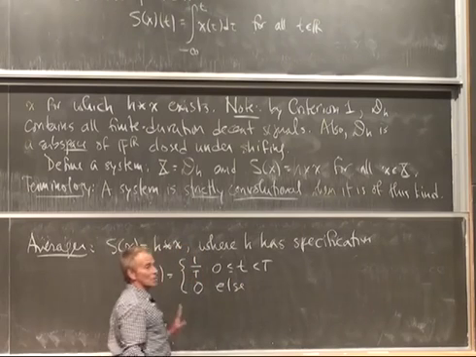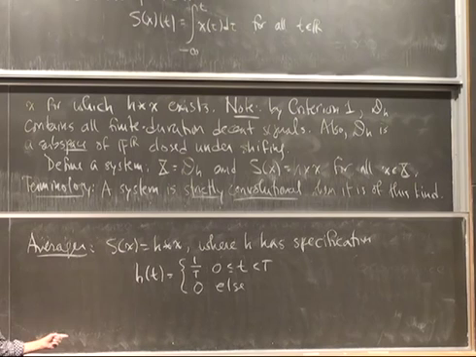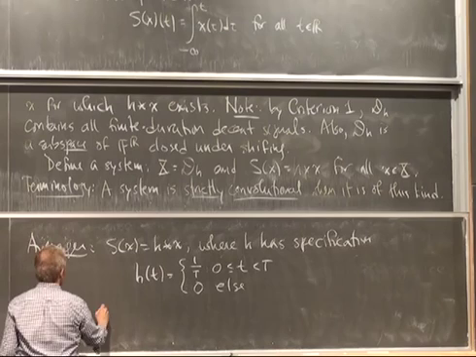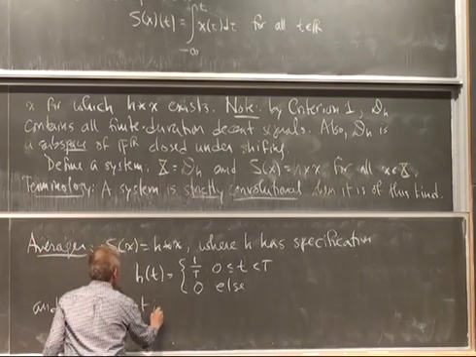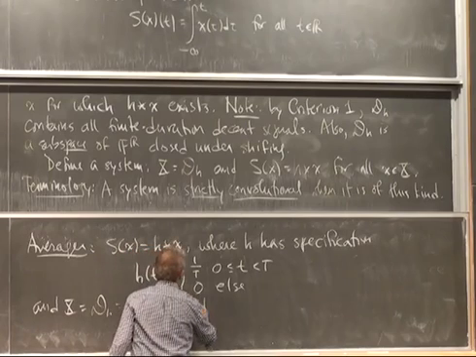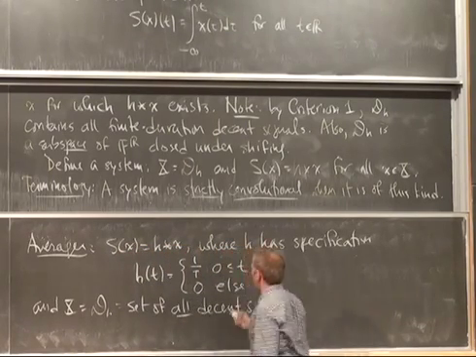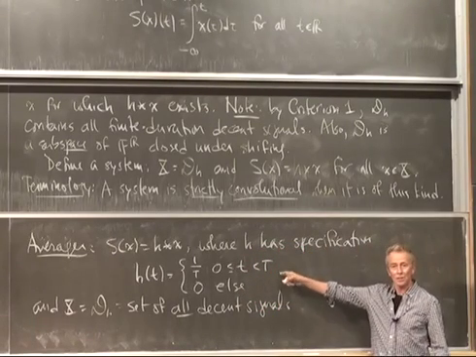And I want to emphasize, once again, it doesn't matter how we define H of t right at 0 and right at capital T, as long as it looks like that. And X equals D sub h, which in this case is the set of all decent signals. Y is the set of all decent signals D sub h for this h.